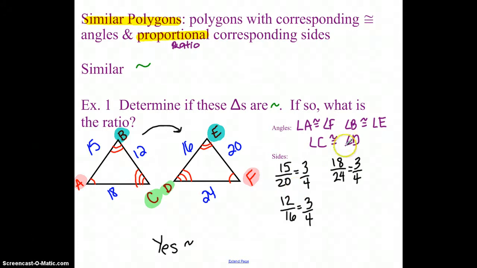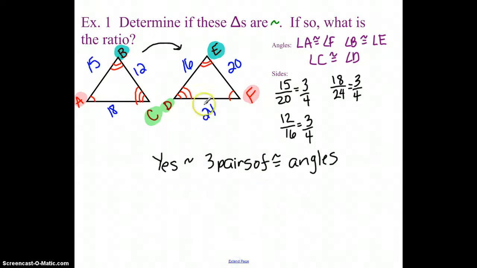because all of these have 3 angles that are congruent, so 3 pairs of congruent angles. And then we have to see the ratio that the sides are related by. And all the sides are related by a ratio of 3 to 4.